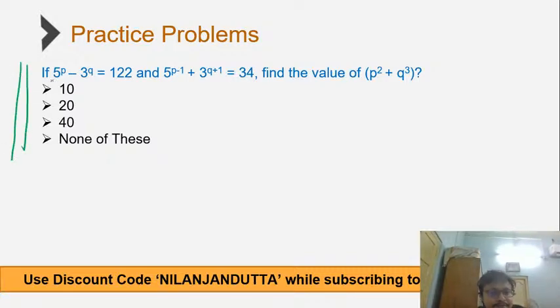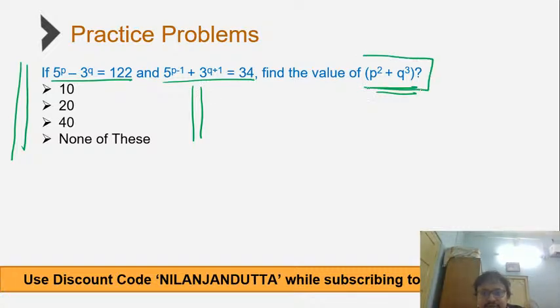Third one, 5 to the power p minus 3 to the power q is equal to 122. 5 to the power p minus 1 plus 3 to the power q plus 1 is equal to 34. Find the value of p square plus q cube. So again, first you need to find the value of p and q, and then you can find the value of this expression, that is p square plus q cube.